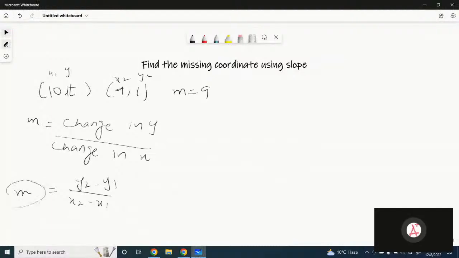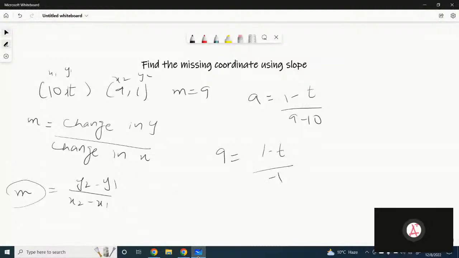We have the value of m, just replace the variables with the values. M equals 9, y2 is 1, minus y1 is t, divided by 9 minus 10. Got it? Okay, so you have 9 equals (1 minus t) over (9 minus 10). 9 minus 10 is negative 1.